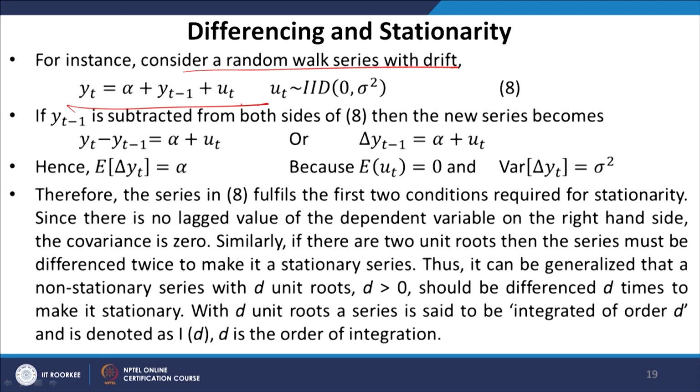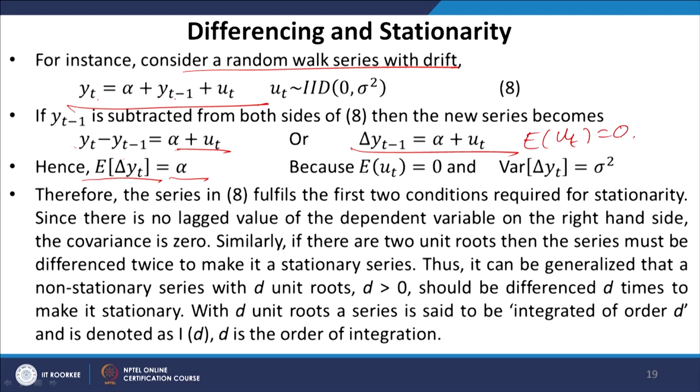If yt minus 1 is subtracted from both sides of 8, then the new series becomes, you can see yt minus 1 goes to the other side. So, on the right hand side I am left with alpha plus ut, or delta yt is equal to alpha plus ut. Now, expected value of delta yt is actually equal to alpha, given that expected value of ut is equal to 0.